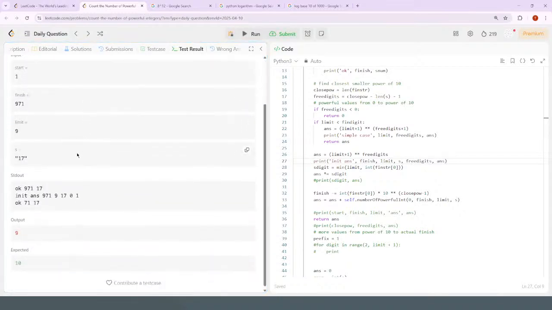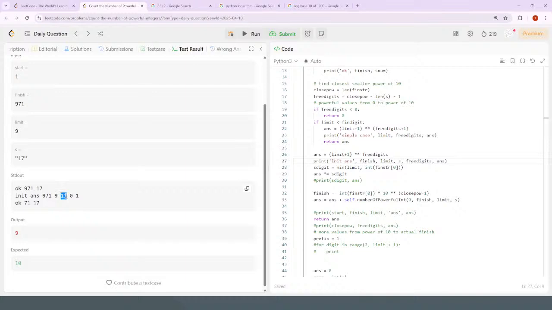Okay, so 9, 17, 17. There is one free, no, there's 0 free digits. I thought there should be one free digit here. Finish is 971.